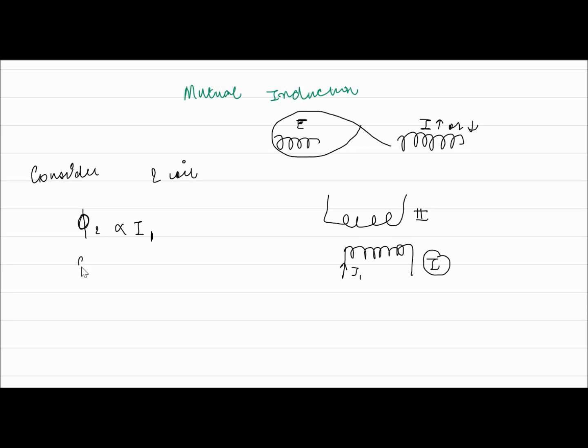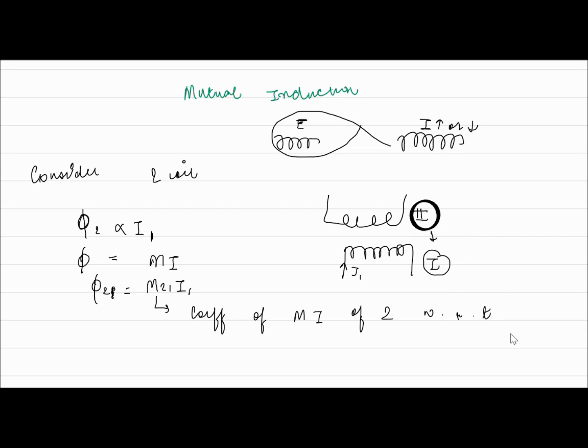So we have, as we know, flux is equal to Mi. So we can write the flux generated in the second coil due to the first coil as phi 2 equals M21 I1. And what is M21? That is the coefficient of mutual induction of 2 with respect to 1, because EMF is induced in coil 2 due to coil 1.